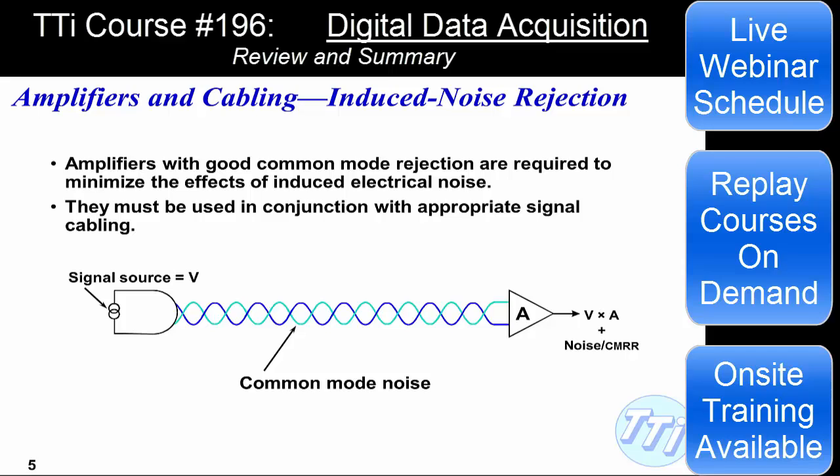And decent results mean using the full dynamic range of our data acquisition system. We've seen that a good data acquisition system can have more than 90 dB of dynamic range. If we haven't done our instrumentation and wiring properly, we can't even approach that.